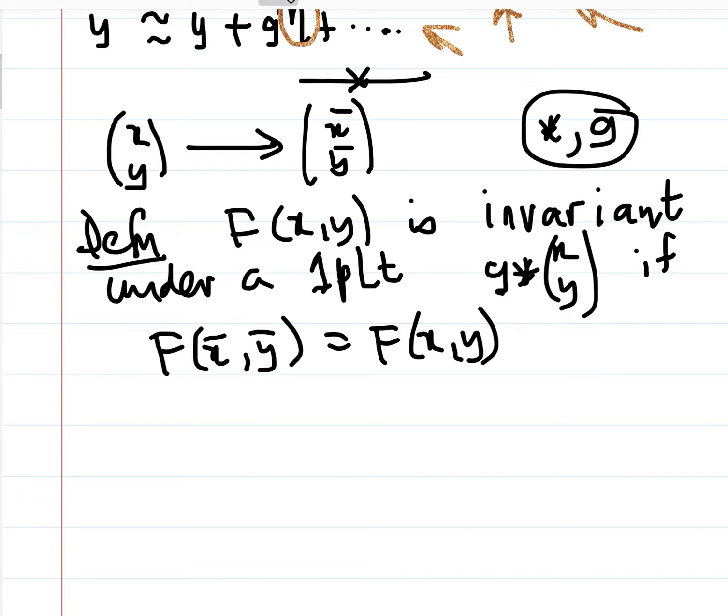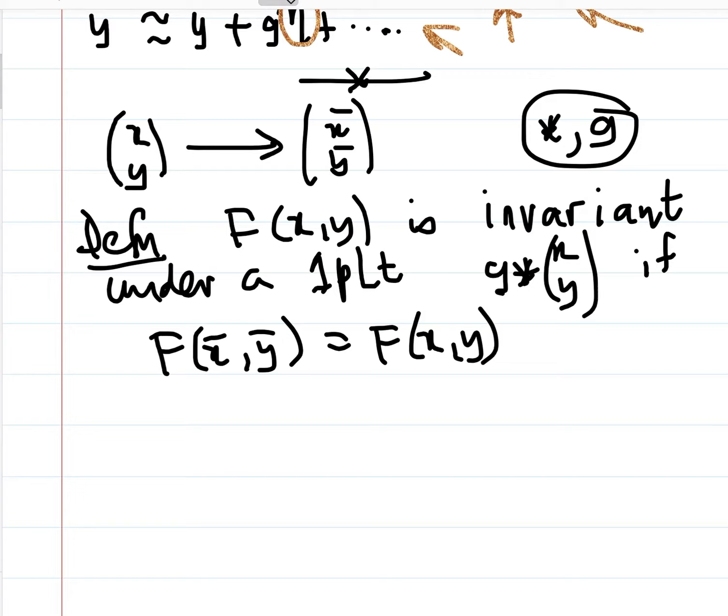So let's look at our example that we've been using, the rotation example, the one parameter Lie group of transformations that generate rotation, recall.